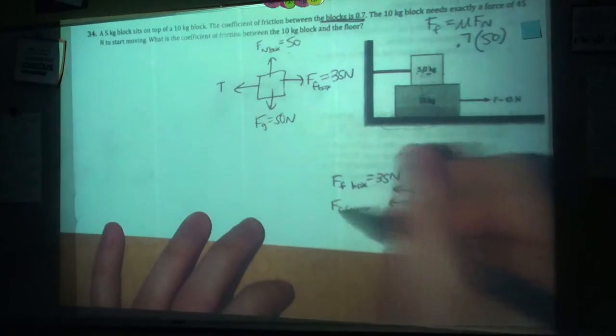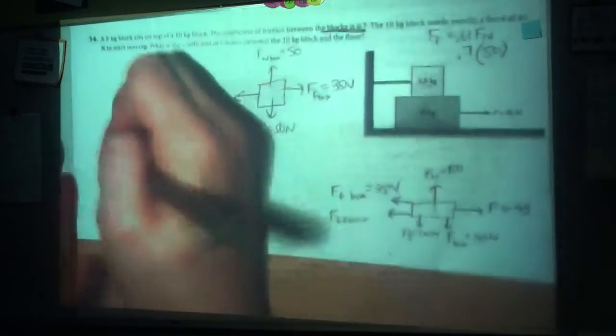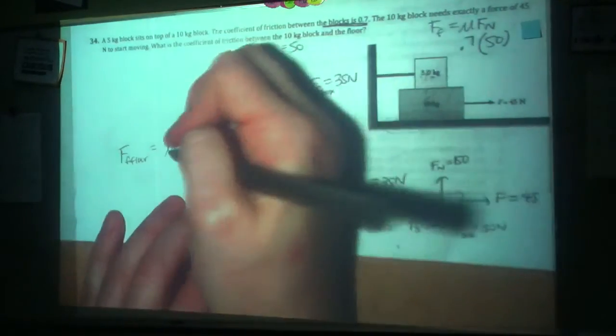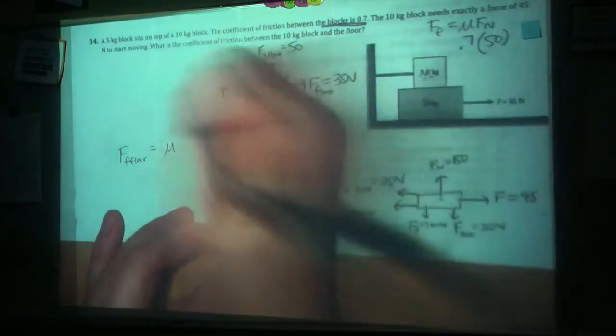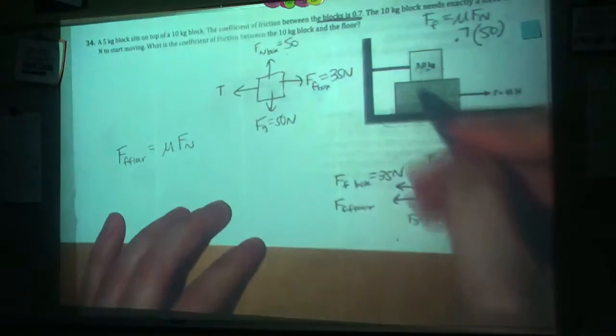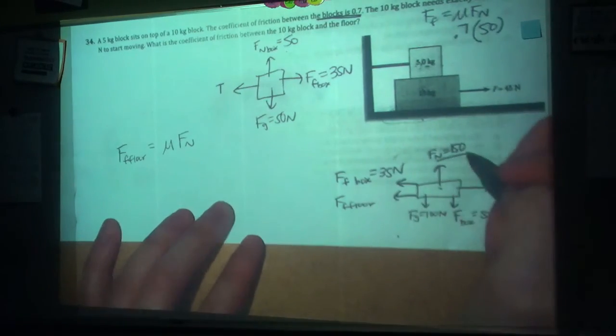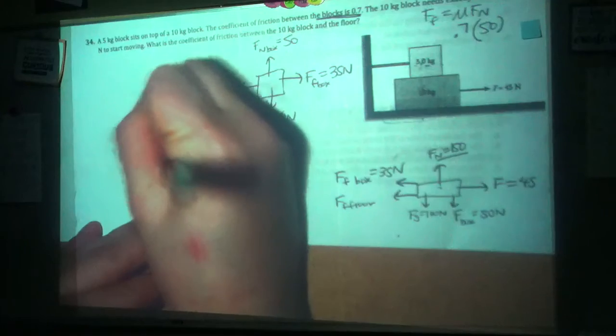Now the friction force between the floor and the box is going to be different. The friction force between the floor and the box will be mu, the coefficient between the box and the floor, times Fn. And that normal force is the normal force that the floor is exerting on the box, which would be the 150. So mu times 150.